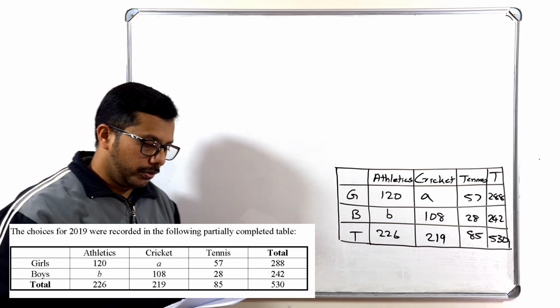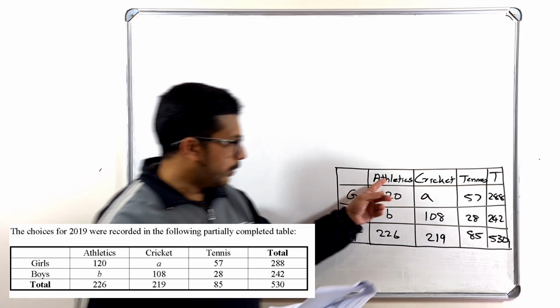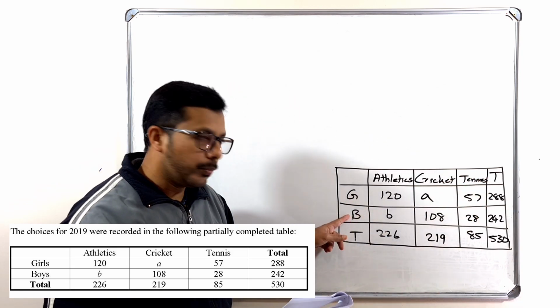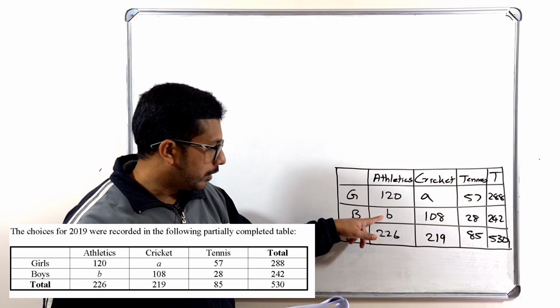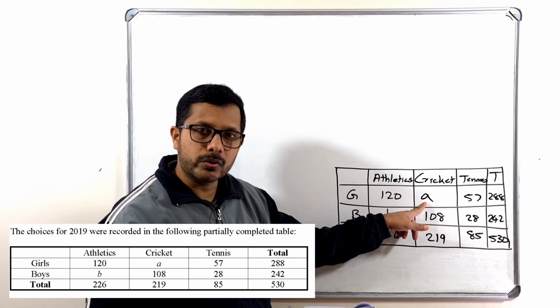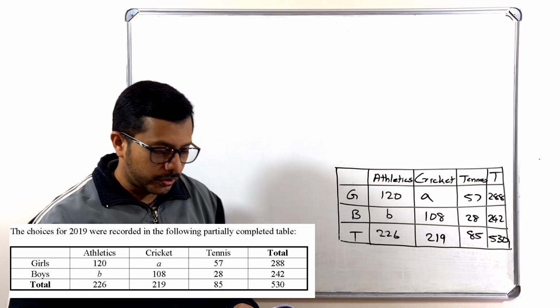Now look, there are three types of sports: athletics, cricket, and tennis, girls and boys, and the total. There is B, this is not 6A, this is B. B and A are also given. Now what is the first question?